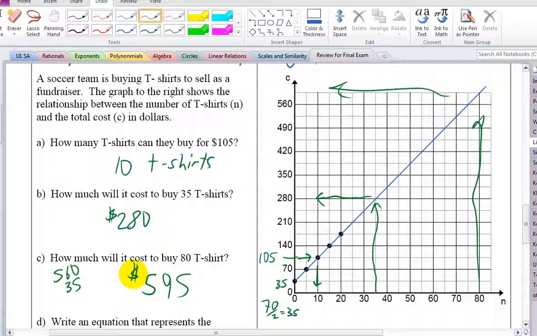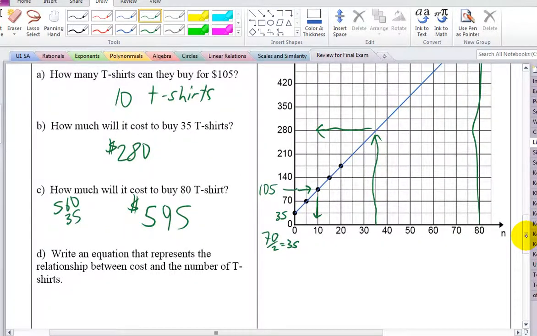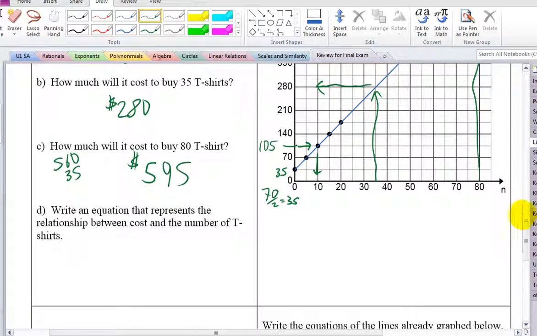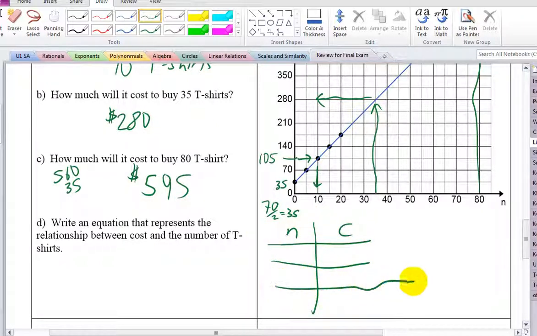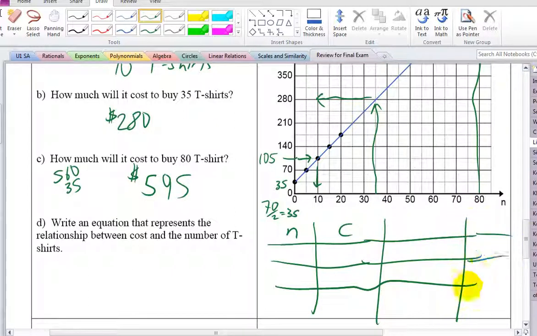Okay. So you can use the graph. Now if we had an equation, we can use the equation as well. That's more accurate, but sometimes we just want to test you using the graph. For the equation now, we can complete our chart. So we'd have our input of the number of t-shirts, the output of the cost, and then we could do our rate of change and our constant. Since we're not given the information in chart format, you want to use the points from the graph.